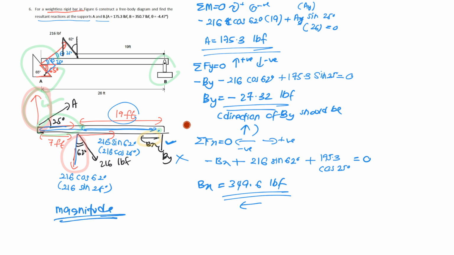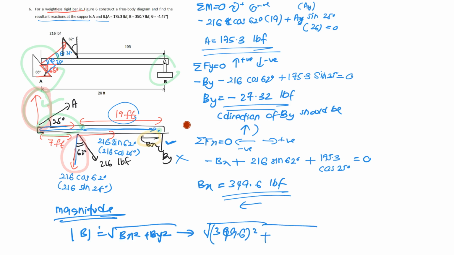Okay, so the B here, the formula going to be Bx square plus By square. So the Bx square is 349.6 square plus with the By over there. You can actually put the true direction with the correct sign, or you can just put just like that, because when squared you still get the answer positive.